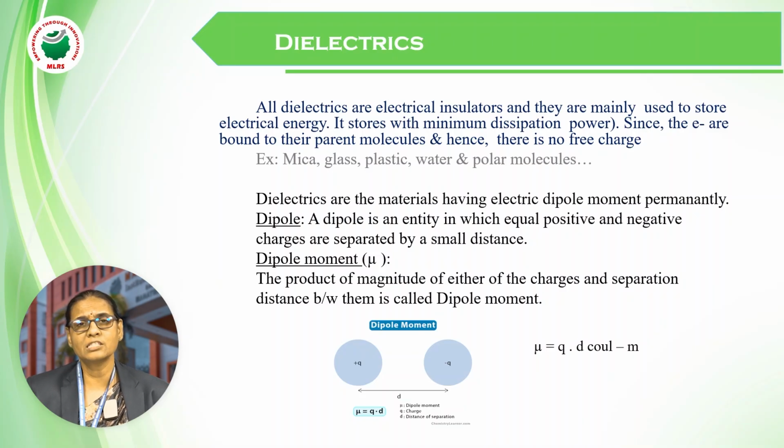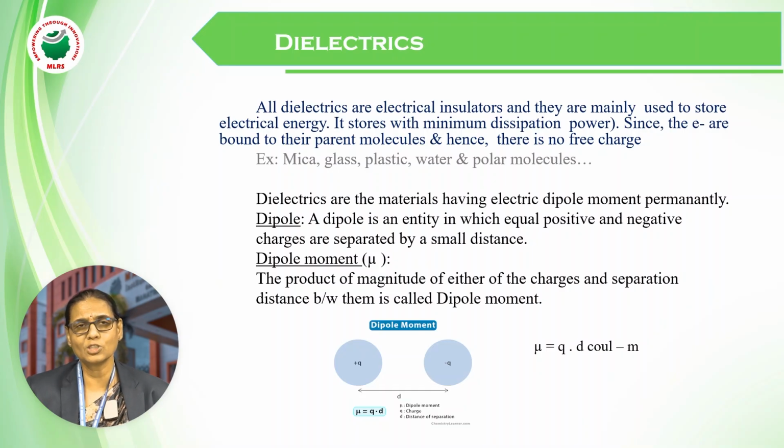I am applying some field on that particular atom. Then automatically the charge carriers present inside the atom get disturbed. The disturbance created with respect to a certain distance is called a dipole. So a dipole is nothing but the movement of charge carriers with respect to a certain distance.